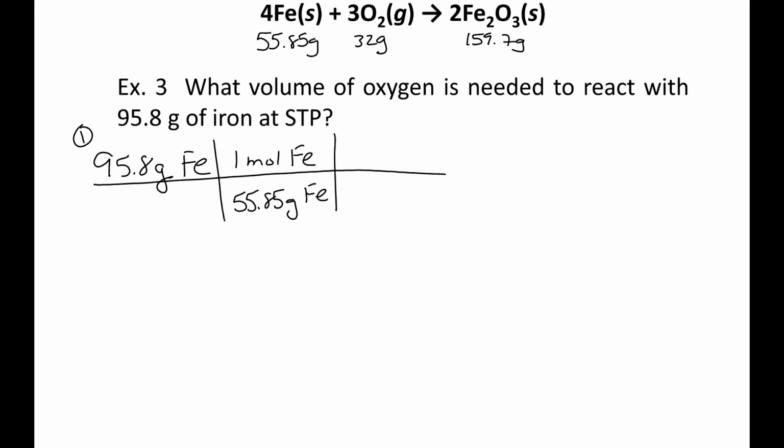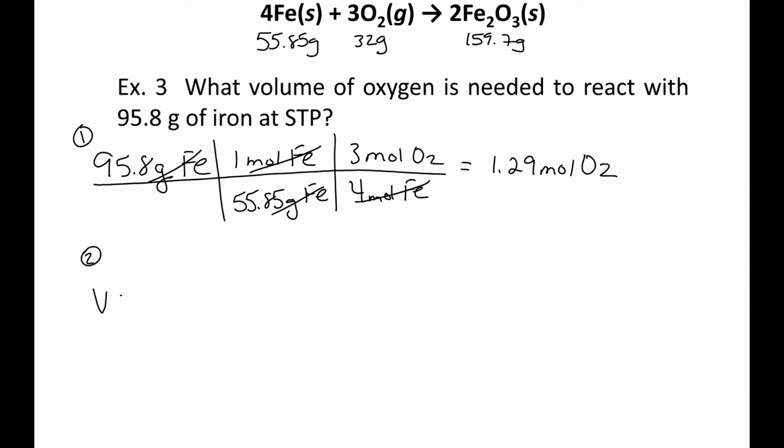Okay, so next step is the mole ratio. 4 moles of Fe, 3 moles of O2. Do this, and we get 1.29 moles of O2. Put that into our equation.